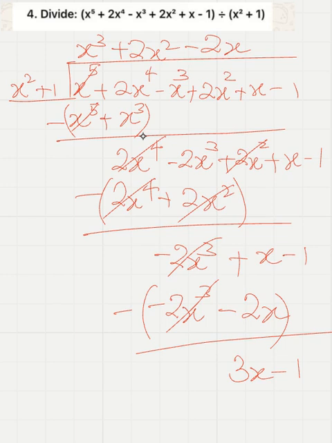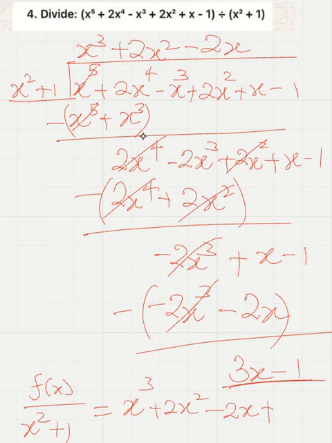So it means that when we divide the dividend, let's call it f of x, because it's long and I don't want to write the entire dividend, by x squared plus 1, which is the divisor, we obtain the quotient x cubed plus 2x squared minus 2x, plus the remainder.